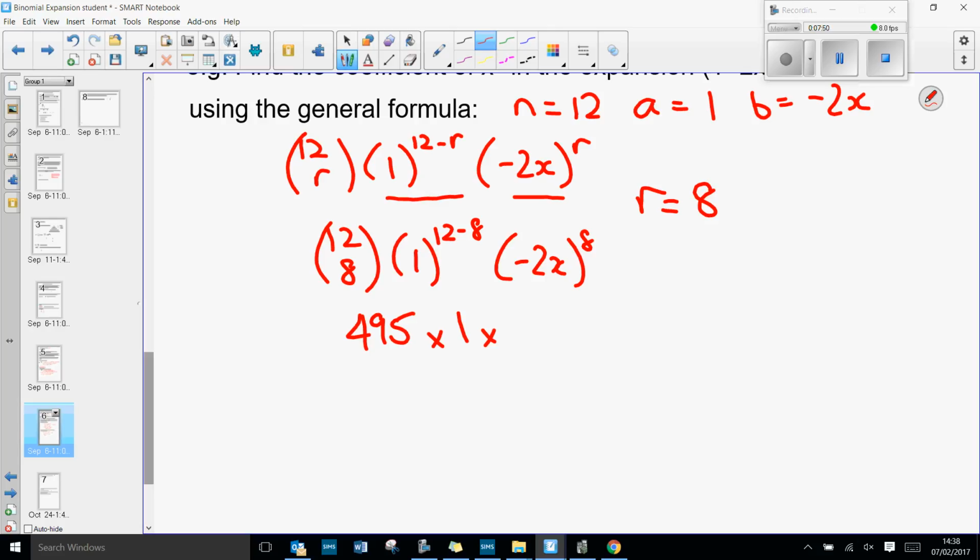Then we've got negative 2 to the power 8, and we know it's positive because it's an even power.